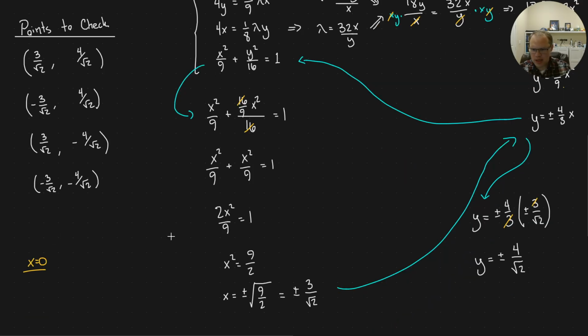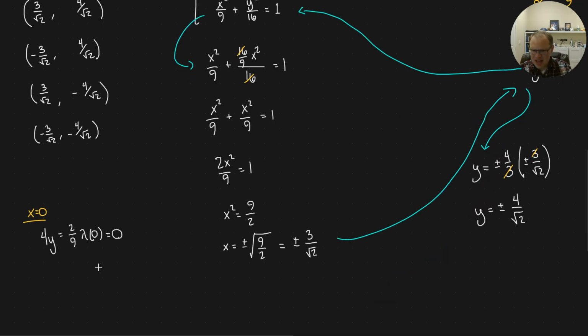I'm assuming x is 0. Well, if x is 0, that means 4y has to be 0. If 4y is 0, that means y has to be 0. So the point would have to be 0, 0, right?